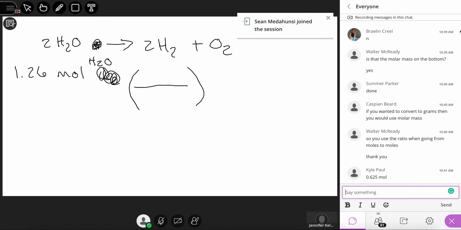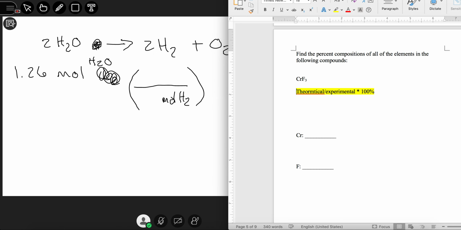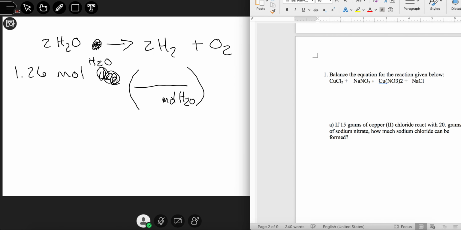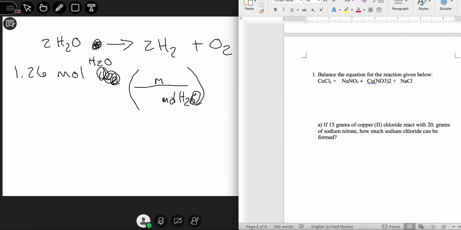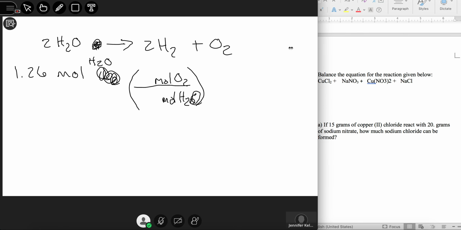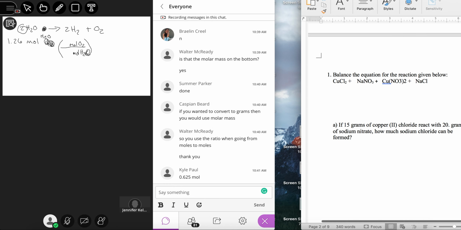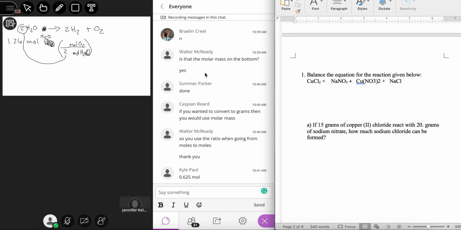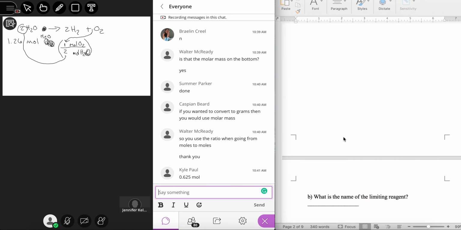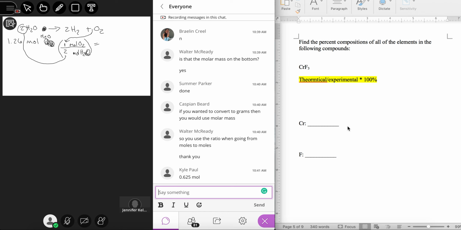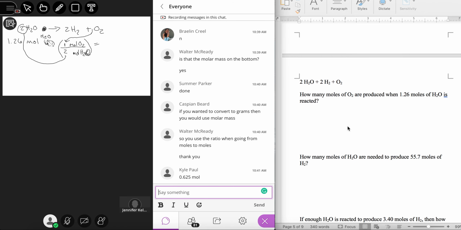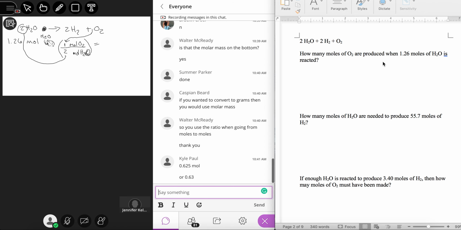Good. So I'm going to put moles of water on the bottom. This should be O. And then moles of O2 on the top. And I'm going to get these coefficients. Put this one here. And then there's no coefficient there, so really I know that it's a 1. So I'm just going to divide that by 2. So 1.26 times 1, and the answer divided by 2.